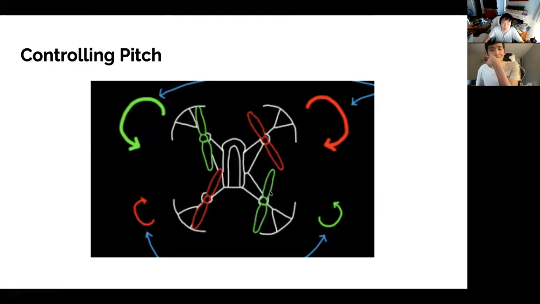And pitch is controlled in an almost identical manner to roll, except this time, if you want to raise the front of your quadcopter, then you'd increase the lift to the front and decrease or maintain the same duty cycle to the motors in the back, such that the increased lift generated on the front motors will raise the front of the quadcopter upwards.